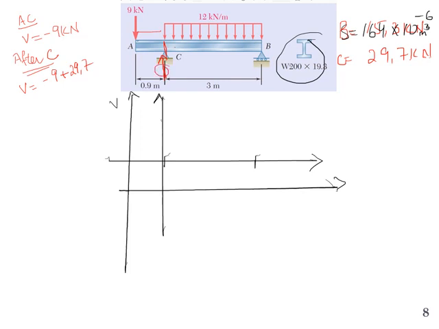So V after C will be 20.7 kilonewton. From A to C, the shear force will remain minus 9 kilonewton. Let me draw again.